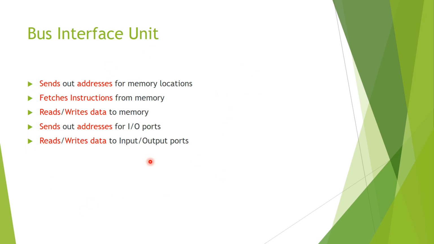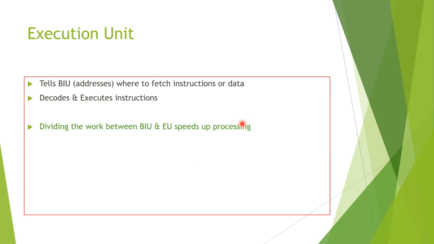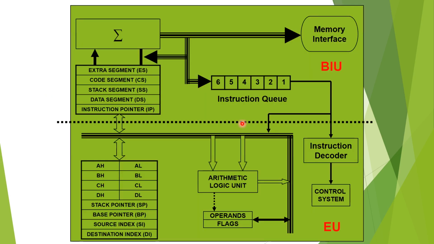Then explain the main purpose or the main role of bus interface unit and the execution unit, then the instruction queue, pipelining, then the instruction decoder, control system. Then also you have to explain these registers, what is the role of these registers and the flag registers.